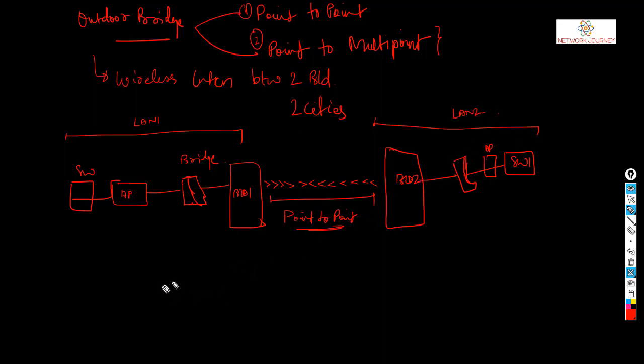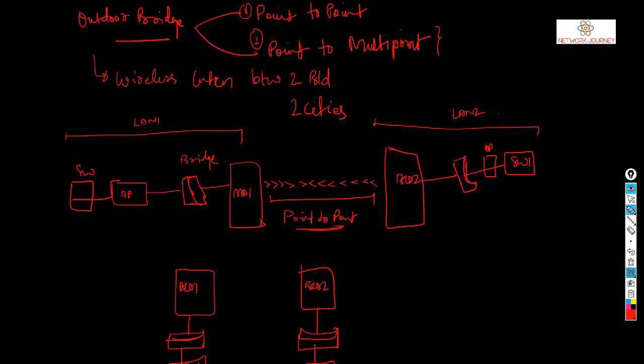Now let's say I have building 1, the same approach, a bridging unit with switch, building 2 with a similar switch, and let's say I have building 3.